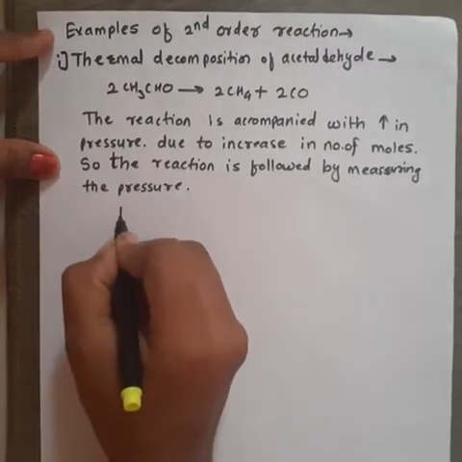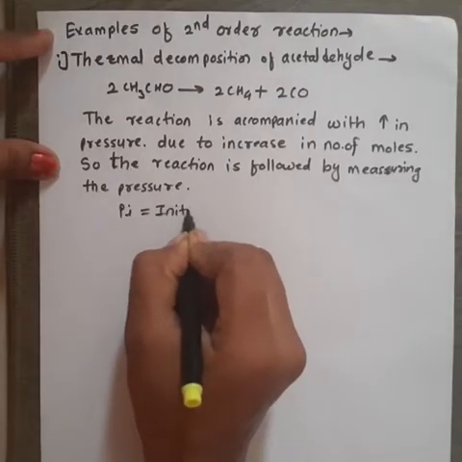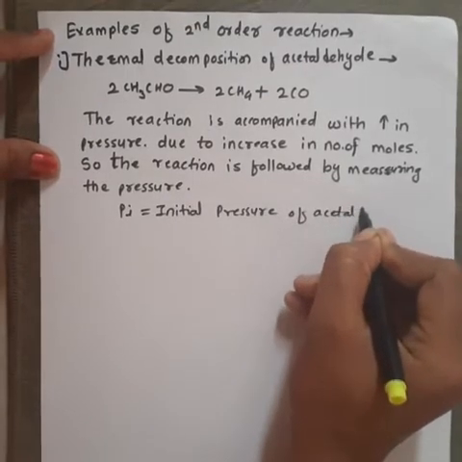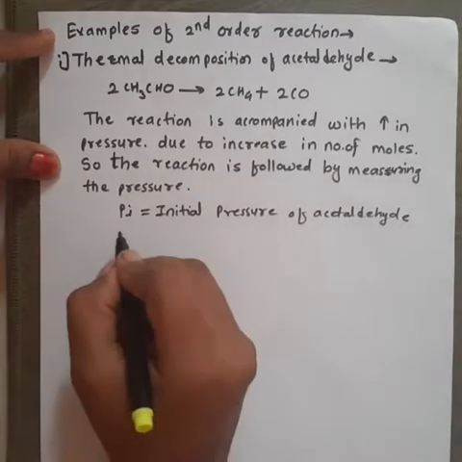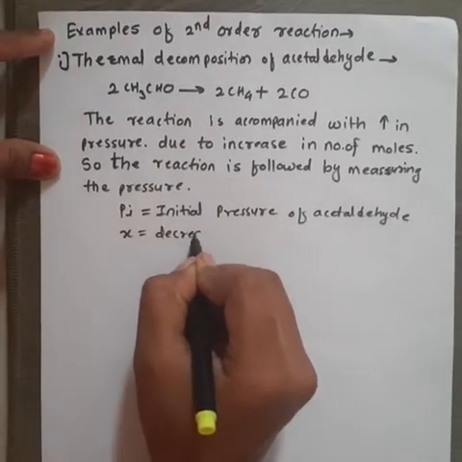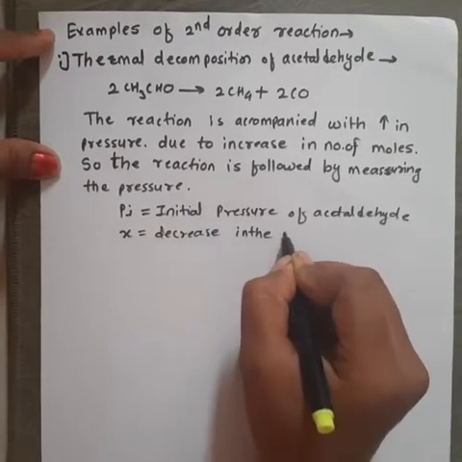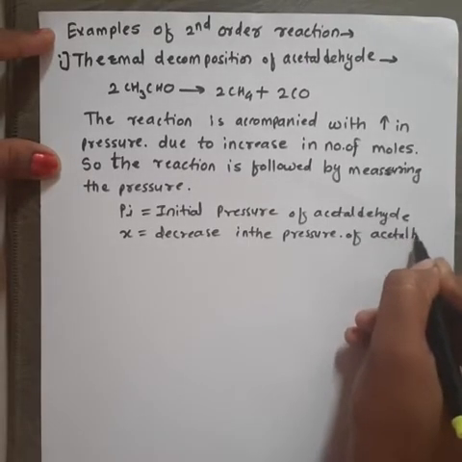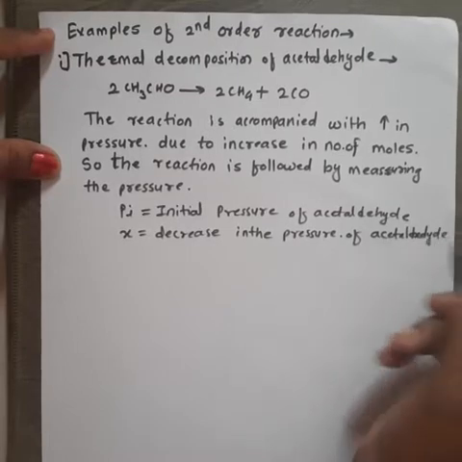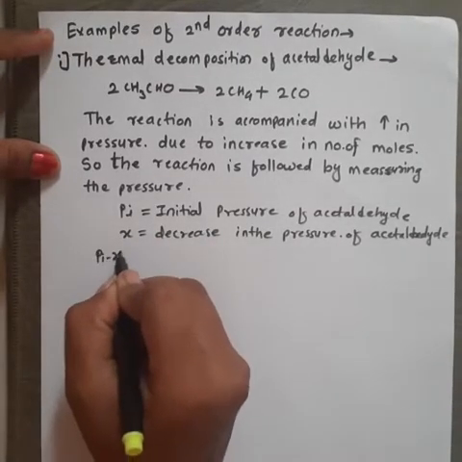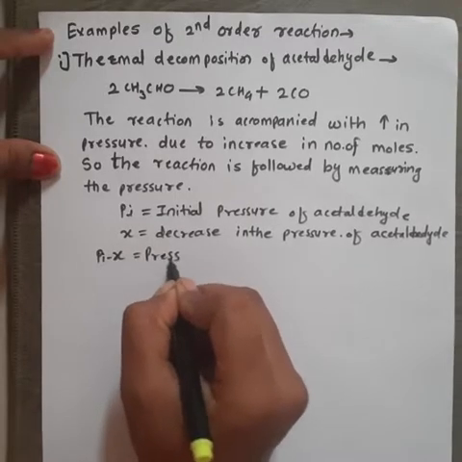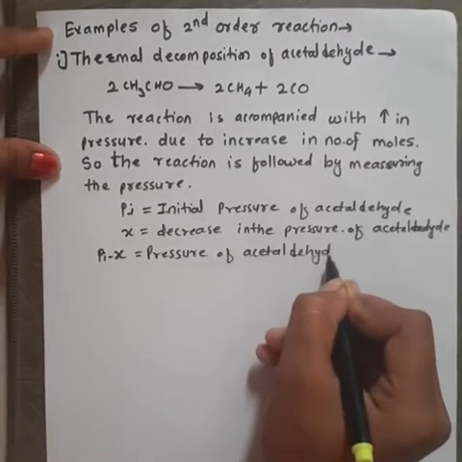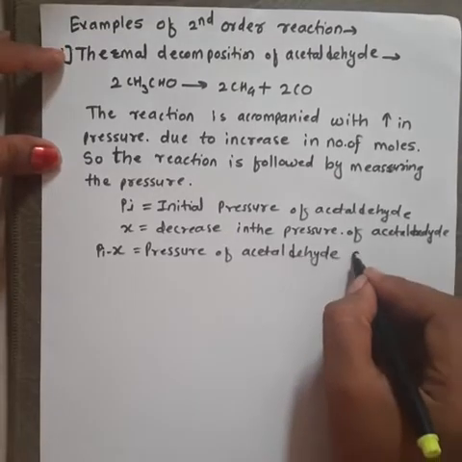So if Pi is the initial pressure of acetaldehyde, x is the decrease in the pressure of acetaldehyde, and Pi minus x is the pressure of acetaldehyde at time t.